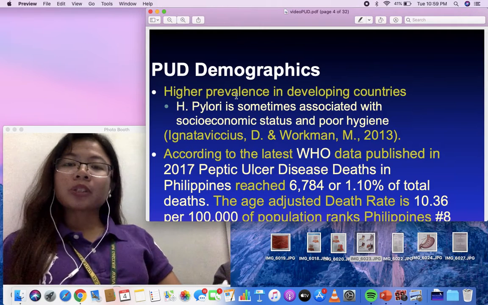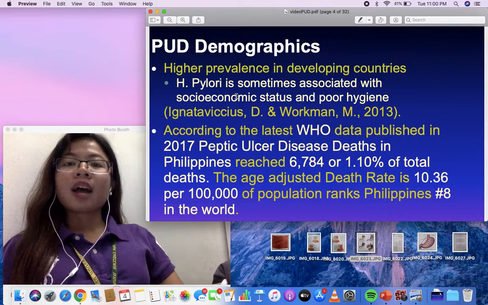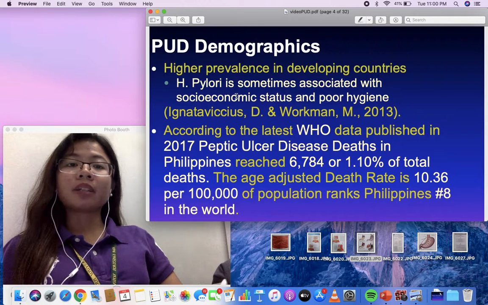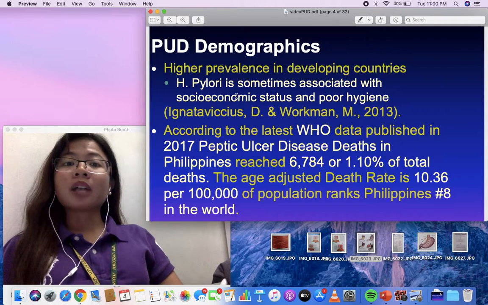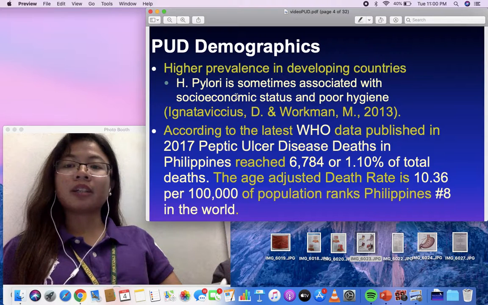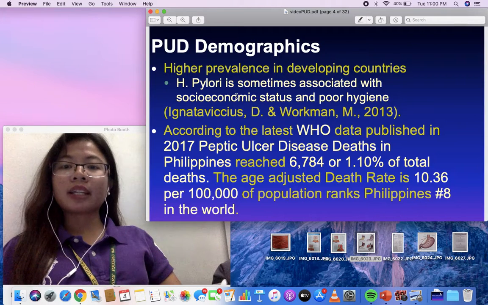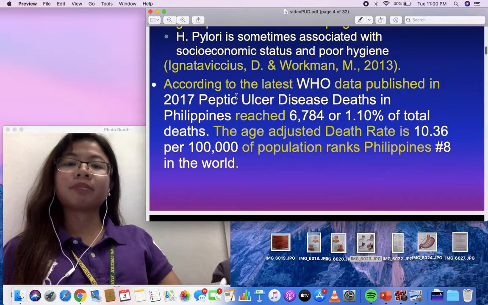Next, it's the peptic ulcer disease demographics or statistics. Higher prevalence in developing countries. H. pylori is sometimes associated with socioeconomic status and poor hygiene. It's based on Ignatavicius D. and Workman M., 2013.